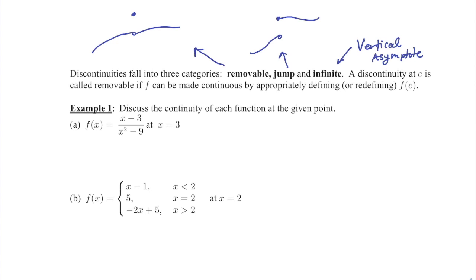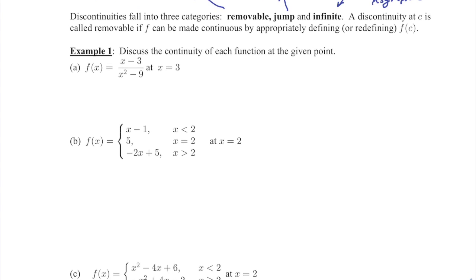Right? So let's look at these examples and see where the discontinuities are and look at which type of discontinuity we have at each discontinuity. So the first one, f of x equals (x minus 3) over (x squared minus 9), and we're interested in what's going on when x equals 3.